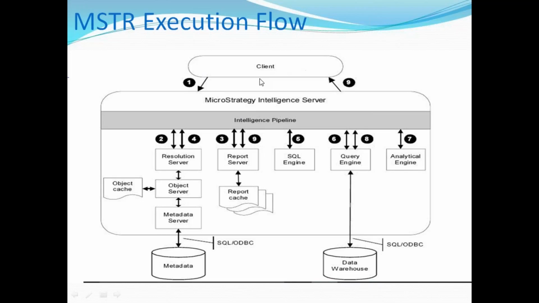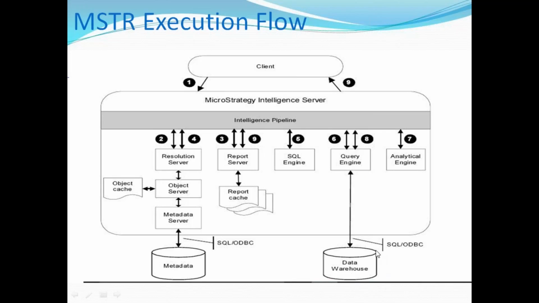So in short, what I want you to remember is that once you run a report, if the data is present in cache, it collects the data from cache and displays it on the report. If it is not present, it goes to metadata, collects the object definition, and passes it to the SQL engine. In the SQL engine it creates the SQL query, and using the query engine it interacts with the data warehouse.